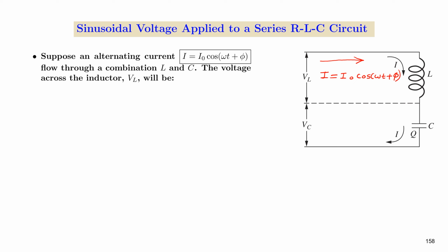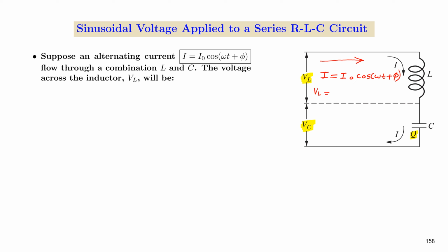The current flowing through the circuit results in a voltage drop of VL across the inductor, and that results in a charge buildup Q across the plates of the capacitor, which will result in a potential of Vc across the capacitor.